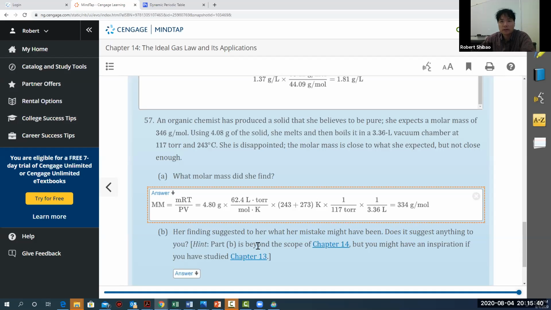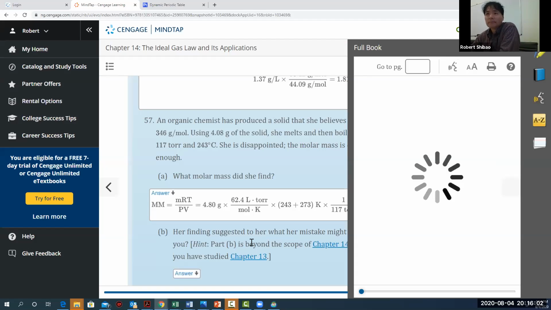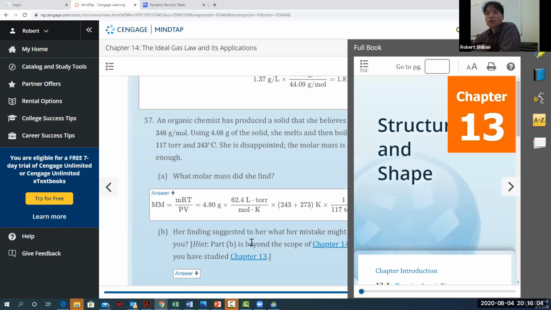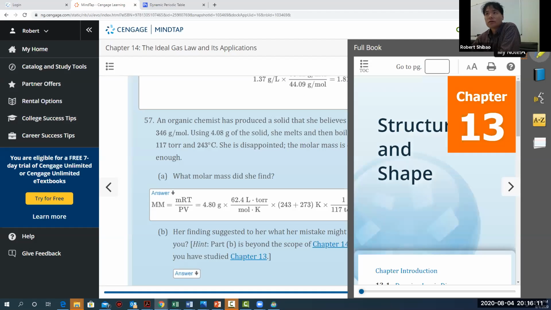Part B is beyond the scope of chapter 14, but you might find inspiration after you have studied chapter 13. What was chapter 13 again? Structure and shape.